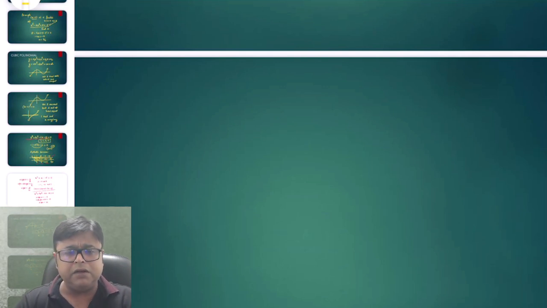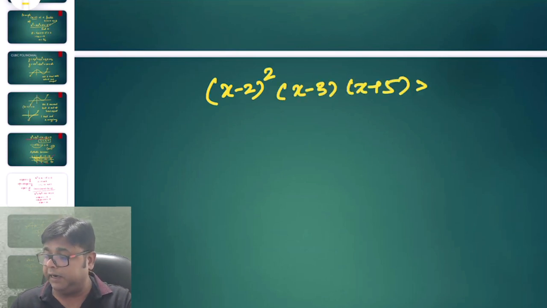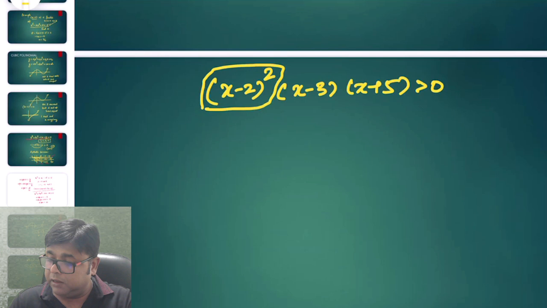Now there can be some other inequalities, like suppose I have a square on a factor in an inequality, and I say greater than 0. The fact that I have a square on a factor tells me to operate a little differently, right? How will I do it?